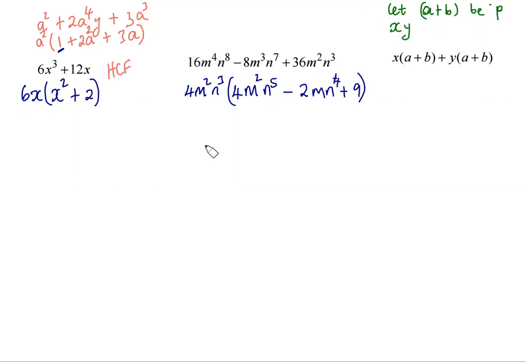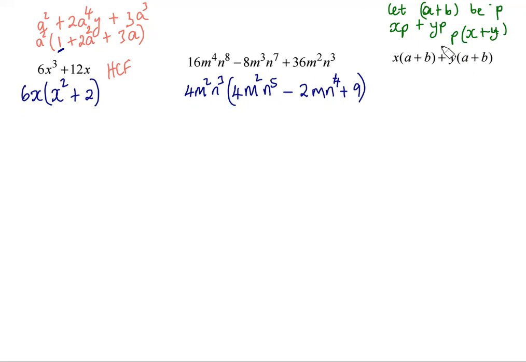Now, if we are taking it as p, we can now say xp plus yp. Now, from what we have learned here, we're going to take p outside because it's common. We find it there, here and here. Then we are left with x plus y.